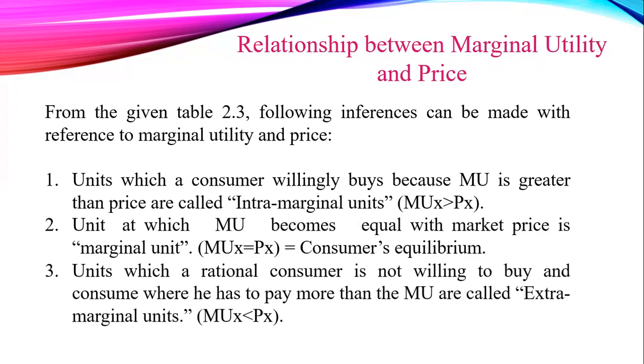And third point, units which a rational consumer is not willing to buy and consume, where he has to pay more than the MU, are called extra-marginal units, meaning here MUX is less than PX.